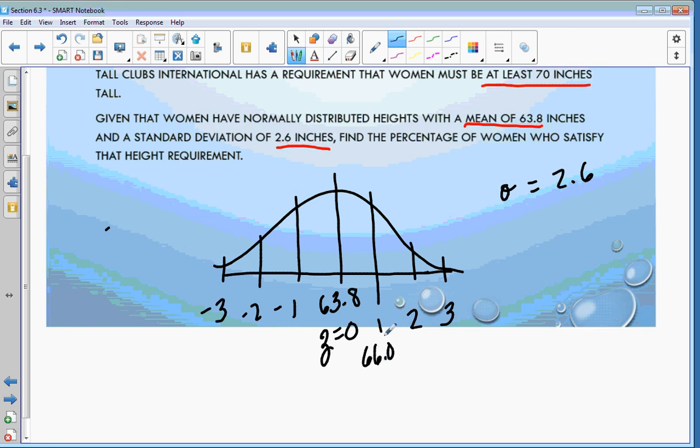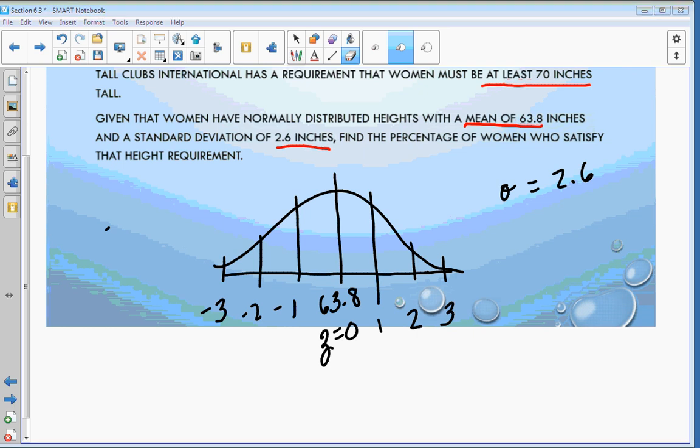Because 63.8 plus 2.6 is not that. 63.8, and I'm going to add 2.6, and for some reason my calculator keeps giving me the absolute wrong answer, and I know better. 89.8, can't be.